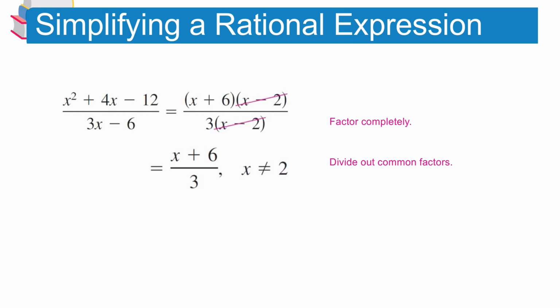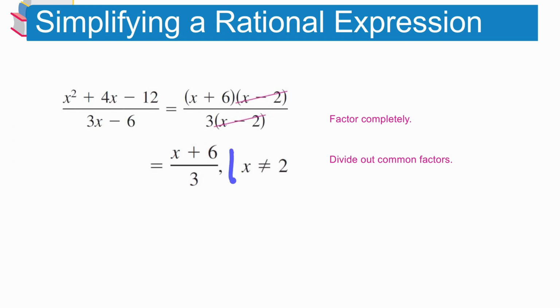We want to simplify our answer after we've done some stuff, and when we simplify, we end up canceling factors out. When we cancel stuff out, we need to say, hey, remember that x cannot be equal to 2.